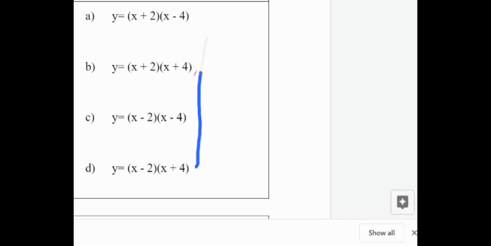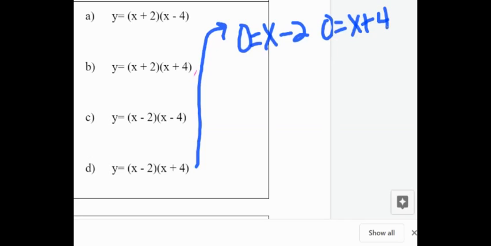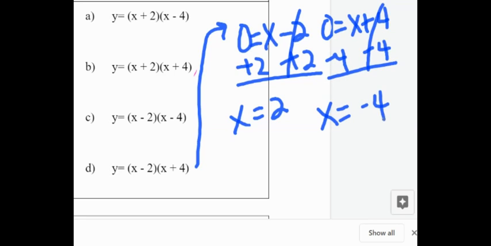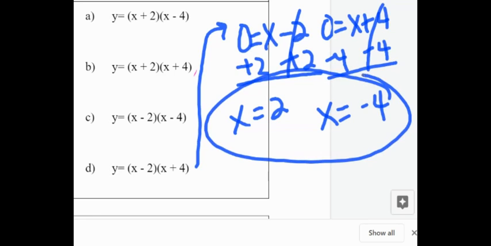So I'm going to write it up here. 0 is equal to x minus 2, and 0 is equal to x plus 4. Now we're going to add 2 to each side. So I have x equals 2. And then over here, I'm going to subtract 4 from each side. So x equals -4.